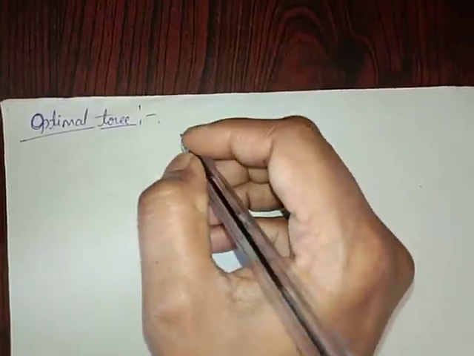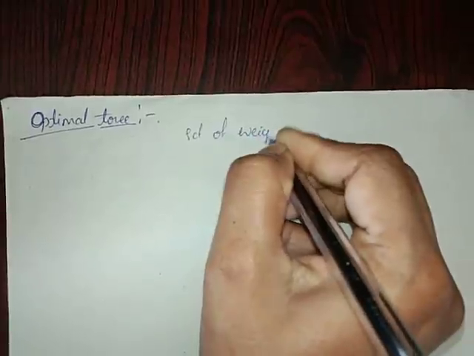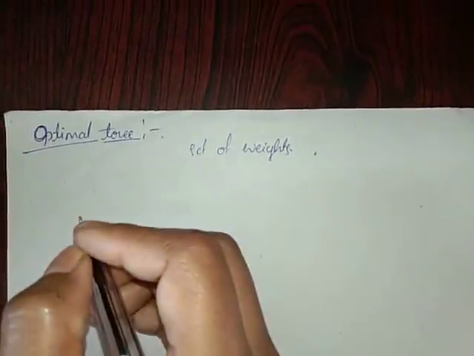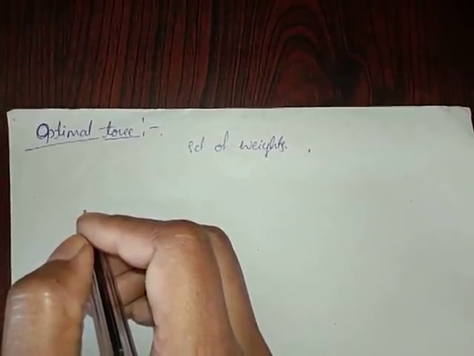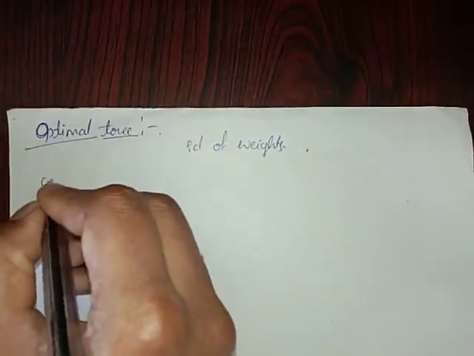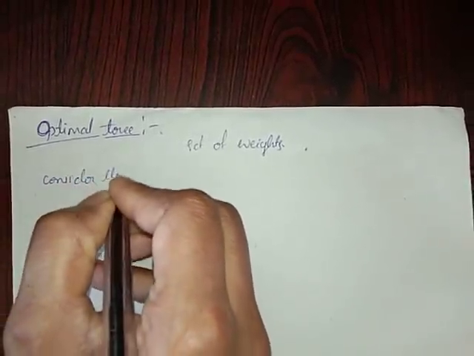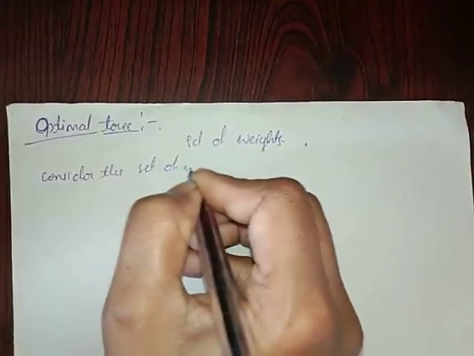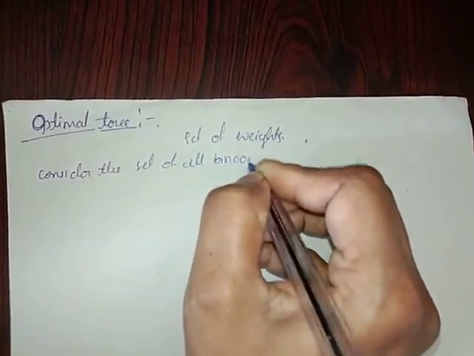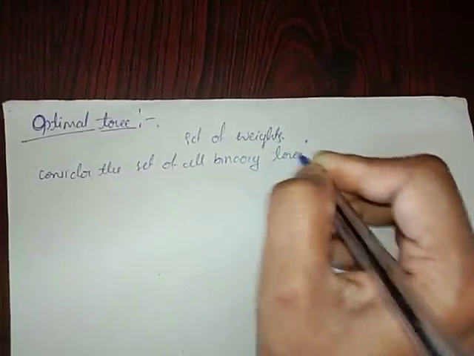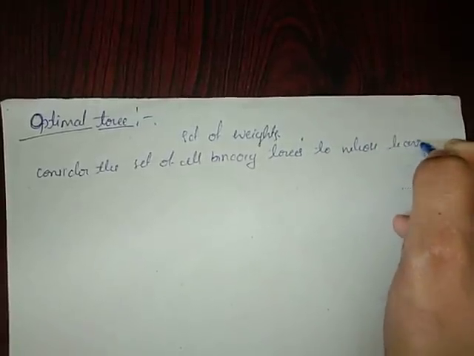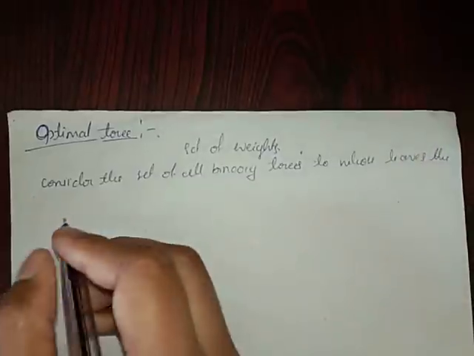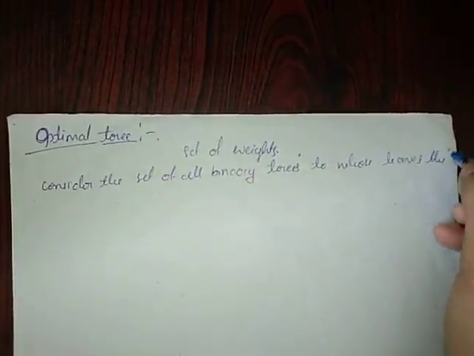Here we have a set of weights given. Suppose we consider the set of all complete binary trees to whose leaves these weights are assigned.